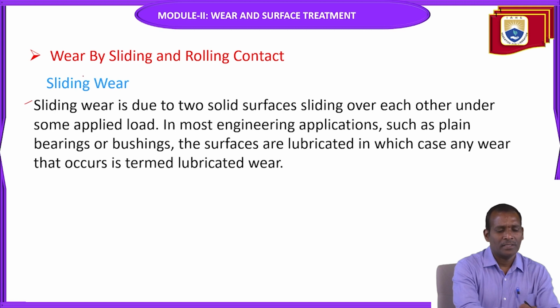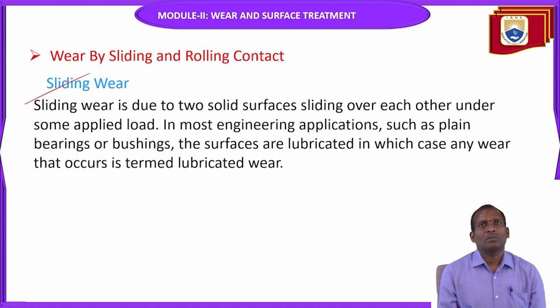Sliding wear is due to two solid surfaces sliding over each other under some applied load. In most engineering applications, such as plain bearings or bushings, the surfaces are lubricated, in which case any wear that occurs is termed lubricated wear.